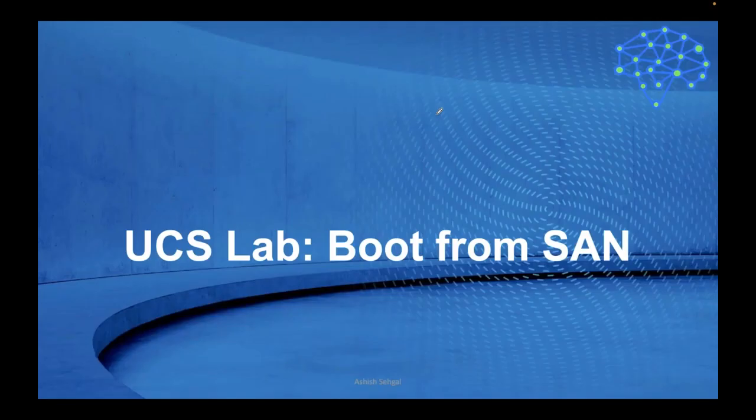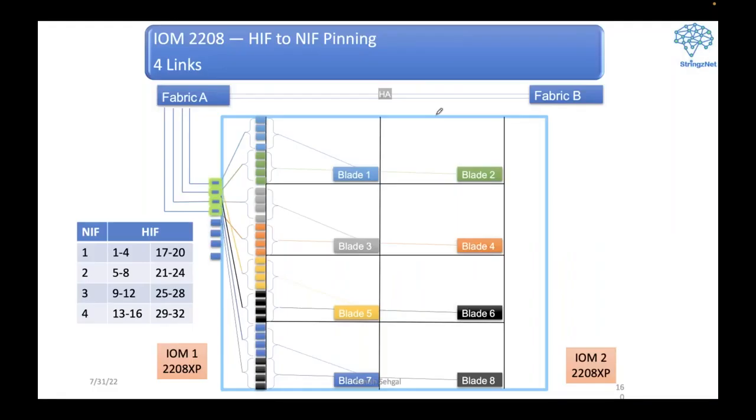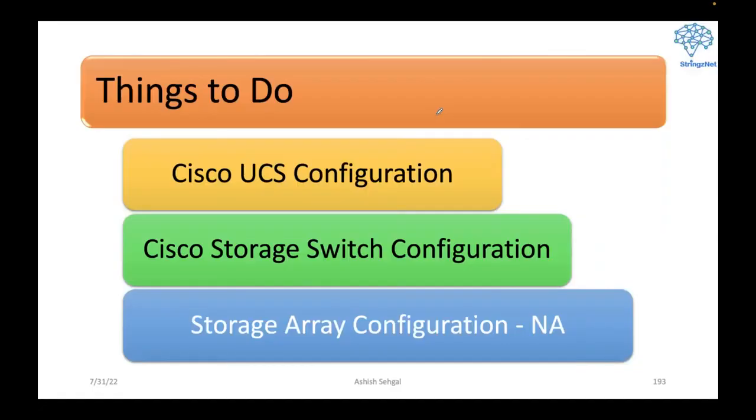Okay, and jumping over to the lab called the boot from SAN lab. The lab, at a high level, is going to be divided into three major components. One is UCS, second is the storage switch, and third is storage array configuration, which is not applicable.